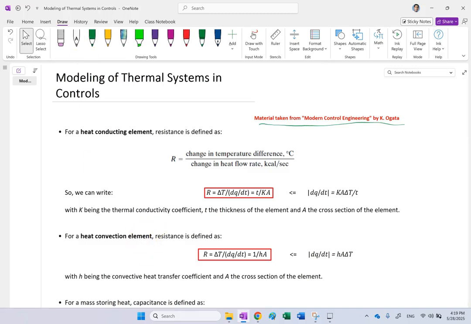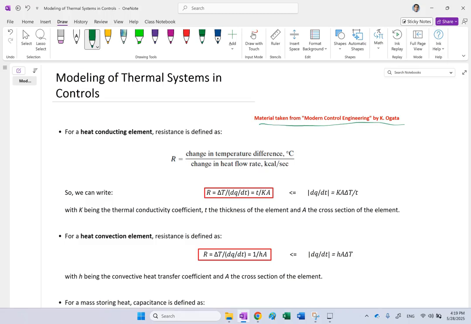Because in radiation, the heat flux is proportional to temperature to the power 4, which is a nonlinear relation. If I bring that into my systems, it makes them nonlinear, and then I cannot find a transfer function. So it's not really something you want to study in control engineering.